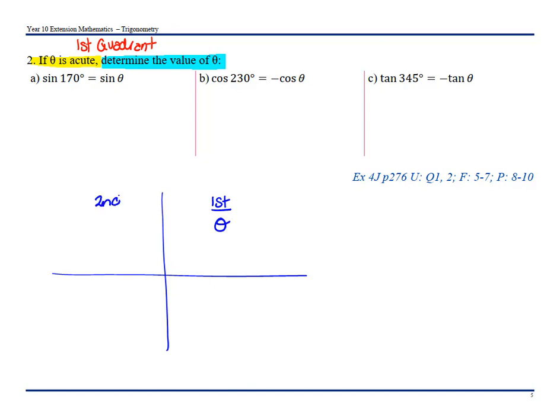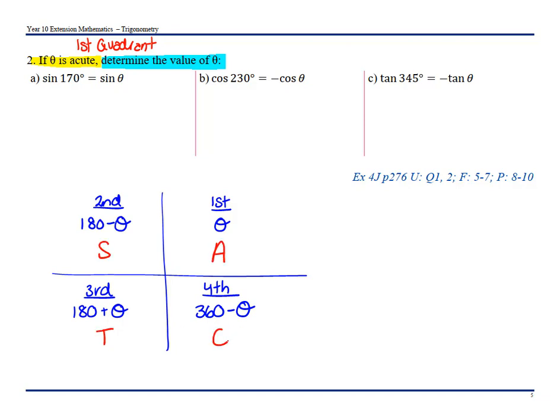In our second quadrant, we have 180 minus theta. In our third quadrant, 180 plus theta. And in our fourth quadrant, we have 360 minus theta. We also have our All Stations To Central rule, meaning all are positive in our first, sine is positive in our second, tan in our third, and cos in our fourth.